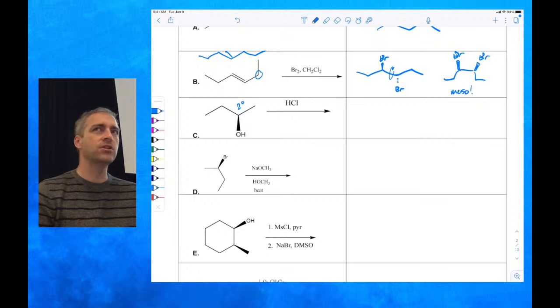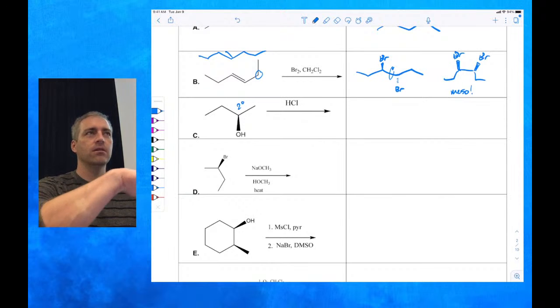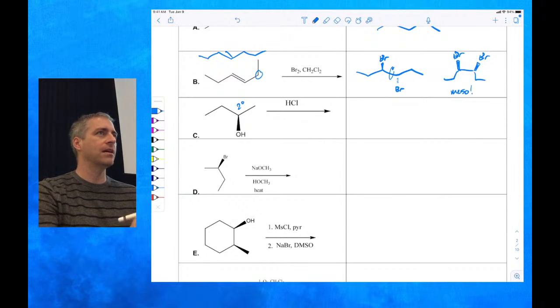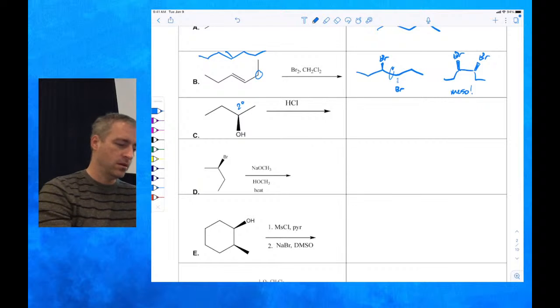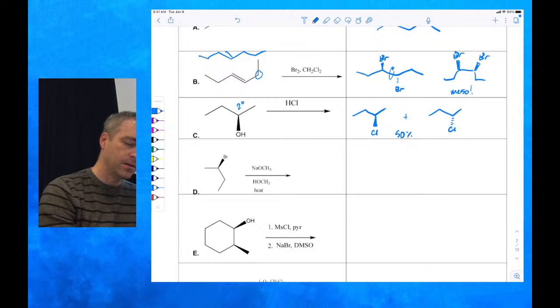Now, when that reaction happens, when you make that carbocation, what happens is you lose your chiral center, you get a flat, planar carbocation, and the chloride can then attack from either side. So what you're going to get is this, and that's going to be 50-50.